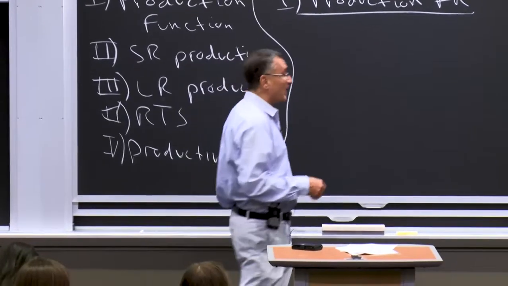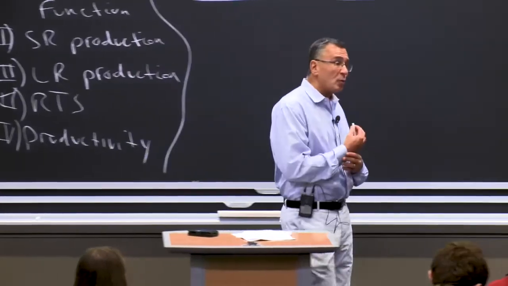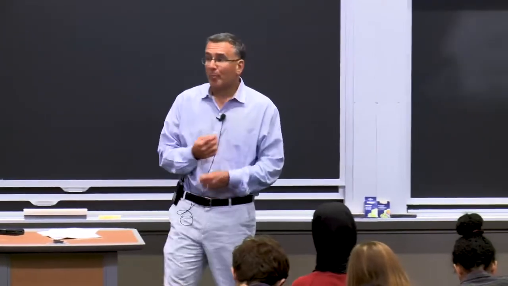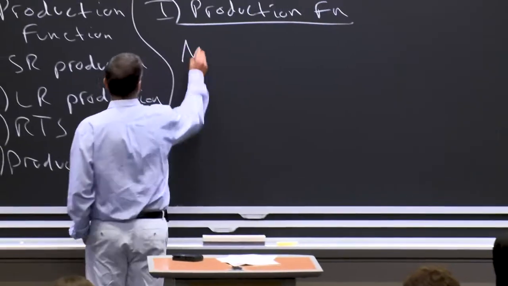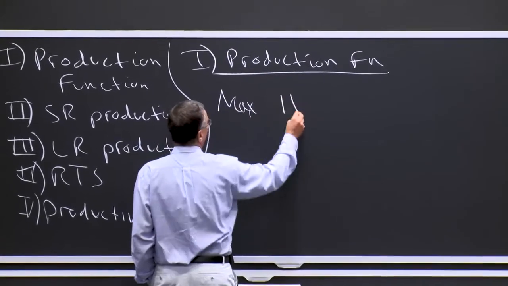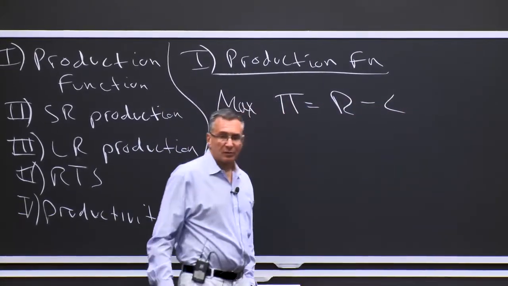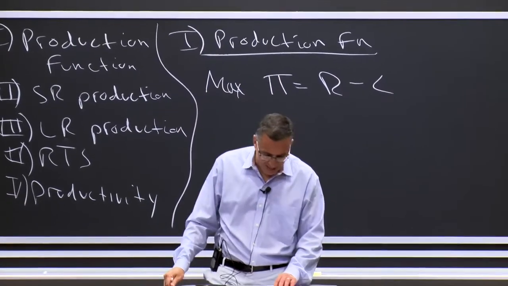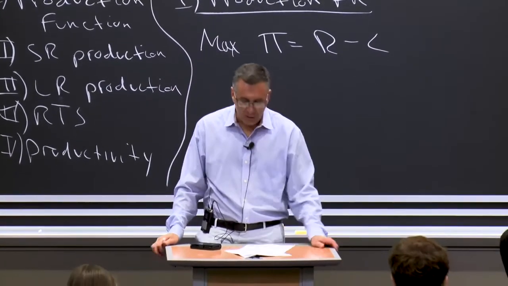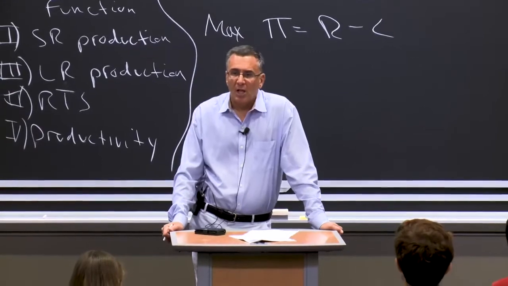Their goal is to maximize profits. So as consumers want to maximize utility, producers want to maximize profits, which equals revenues minus costs.